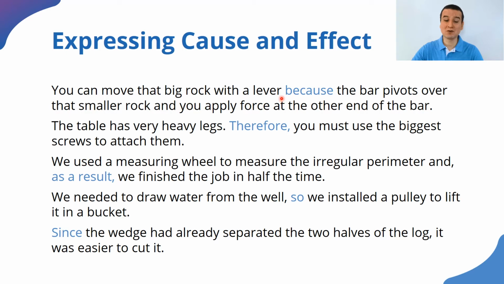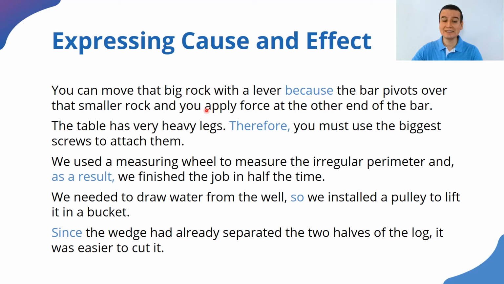The bar pivots over that smaller rock and you apply force at the other end of the bar. All right? So you can move that big rock with a lever because that will work fine. We could say so. No, we cannot say since. Oh yeah, you could say since. Since the bar pivots, you could say because or since there. Good.